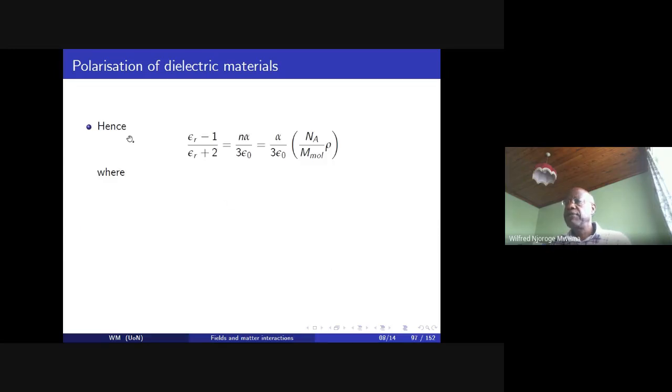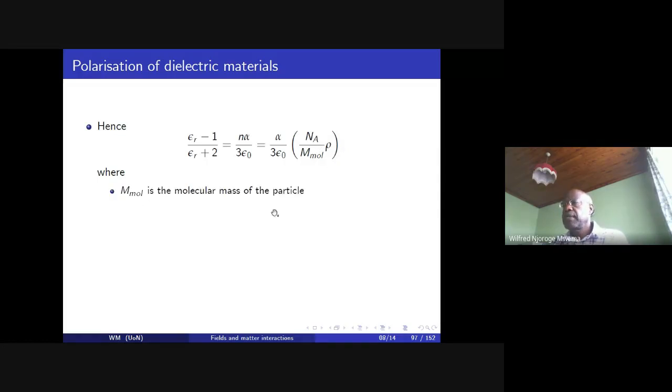And therefore, if we do this, we can write that epsilon r minus 1 over epsilon r plus 2 is equal to N alpha by 3 epsilon naught, which is equal to alpha by 3 epsilon naught multiplied by the Avogadro's number divided by the molecular mass of the particle, and multiplied by the mass density of the material we are dealing with.